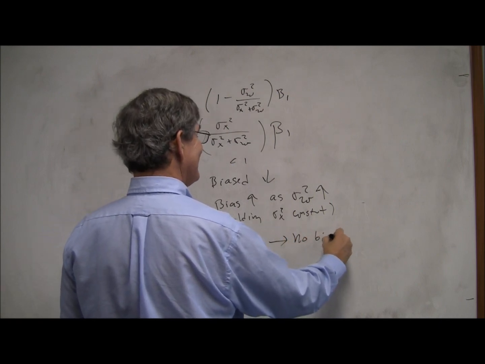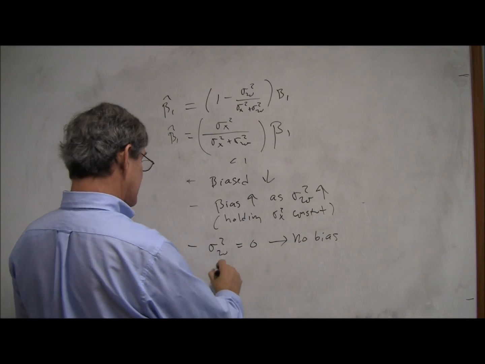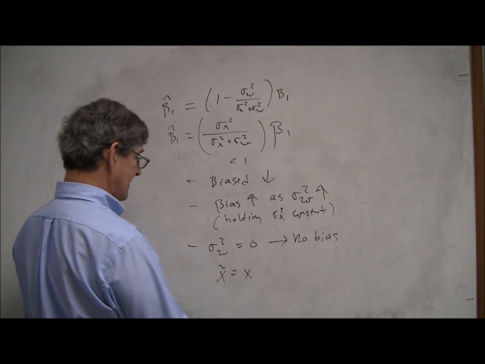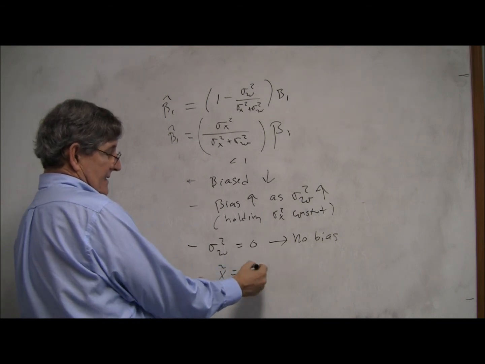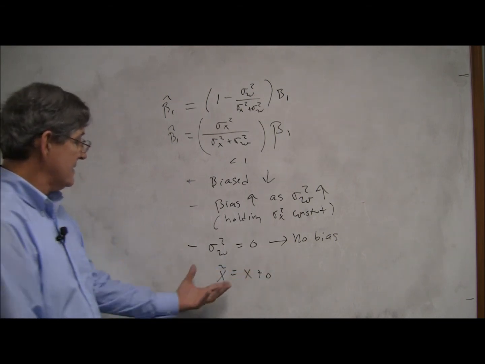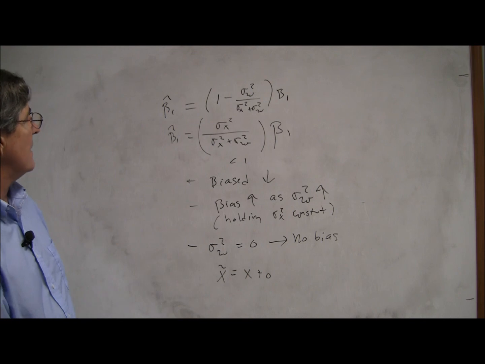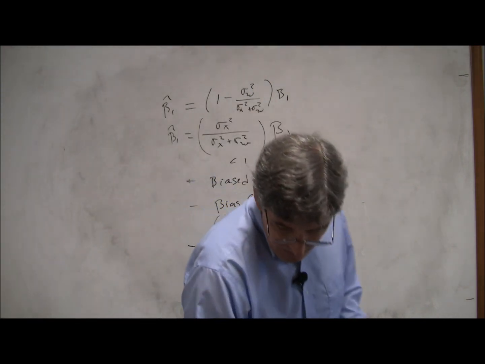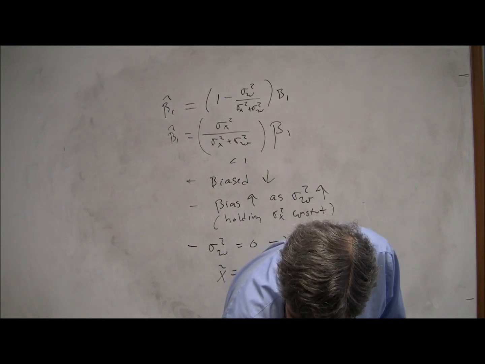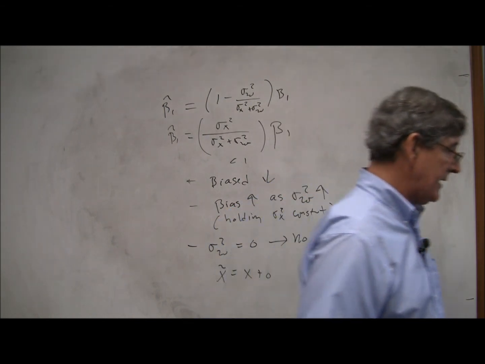Why is that? Because there's no measurement error. That's when x tilde equals x. It's a mean 0, and there's no variance, so it has to be plus 0. So in that case, there'd be no measurement error. So in general, you get bias.